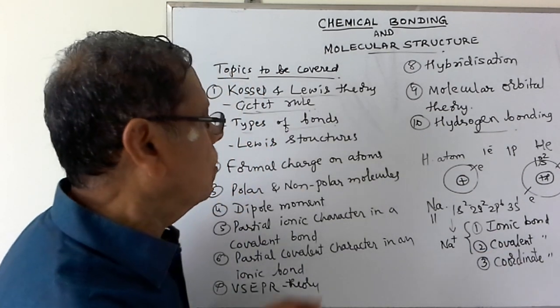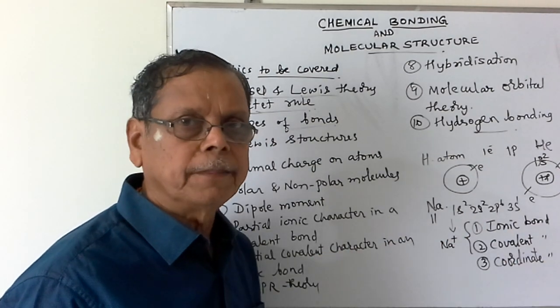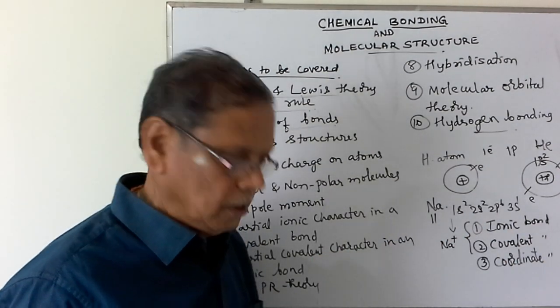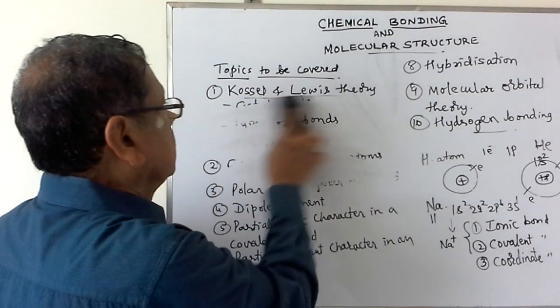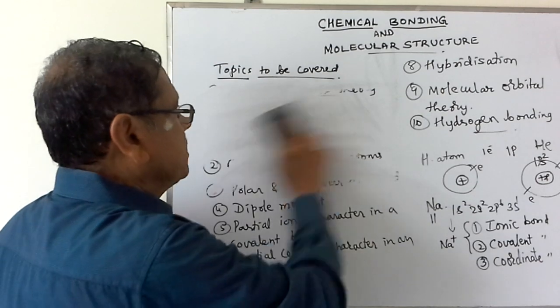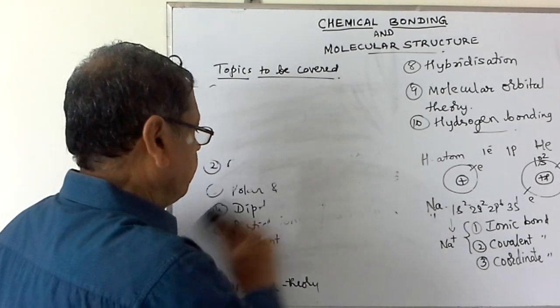Now let us consider how the ionic bond is formed. To consider that, we will consider some elements which have certain characteristic properties.